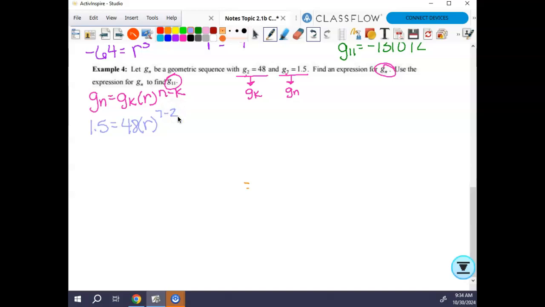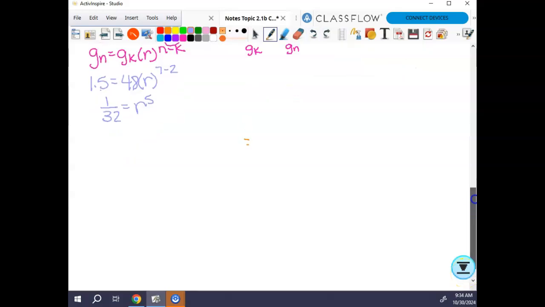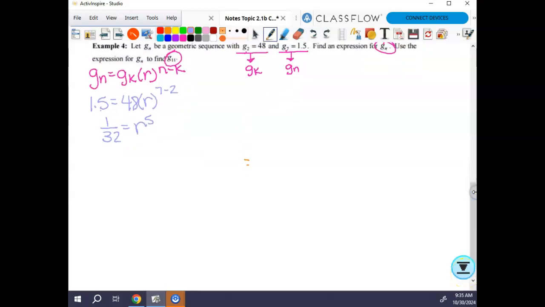So then I'm going to divide, right? So 1.5 divided by 48 is 1/32. And that's going to equal r to the 5th. So how do I undo r to the 5th? Okay, you mean multiply by 1/5 in the exponent, right?